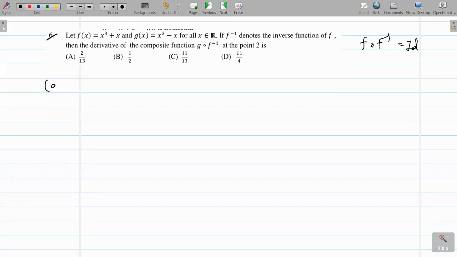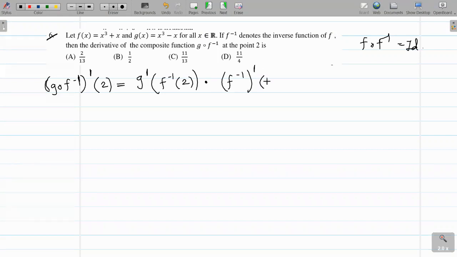I think for others I can explain what he has said just now. So basically, I want the derivative of G composite F inverse at the point 2. Chain rule says that this is equal to G dash at F inverse 2 into F inverse dash at 2.